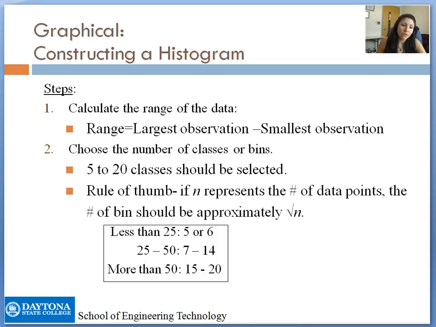We have a table. If you have less than 25 data points, you should use a number between 5 and 6. If you have between 25 and 50, you should use a number between 7 and 14. And if you have more than 50, you should use between 15 and 20 classes.